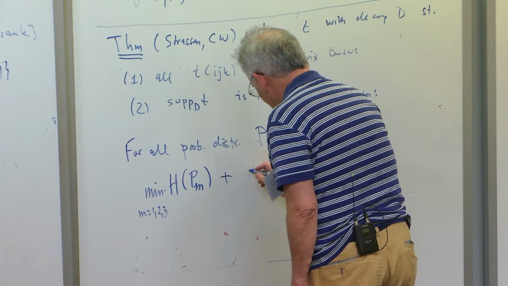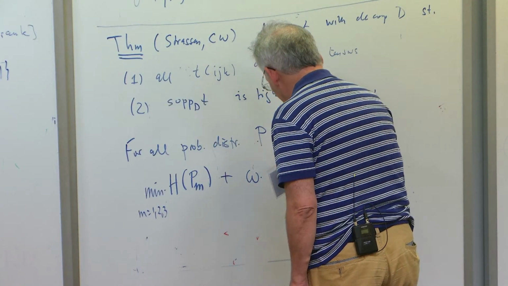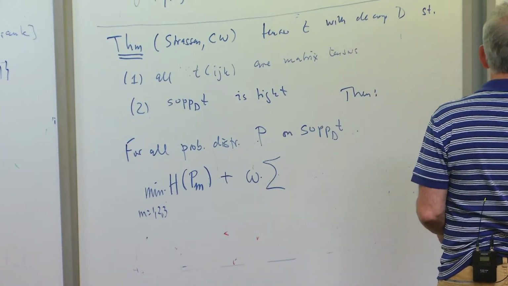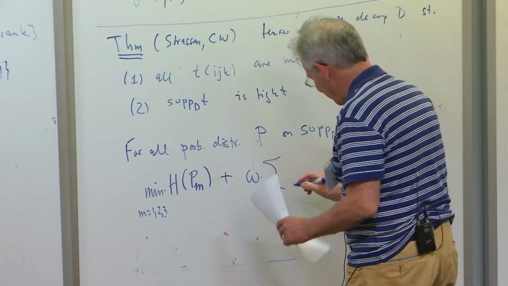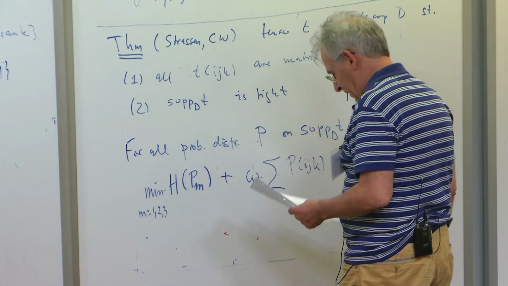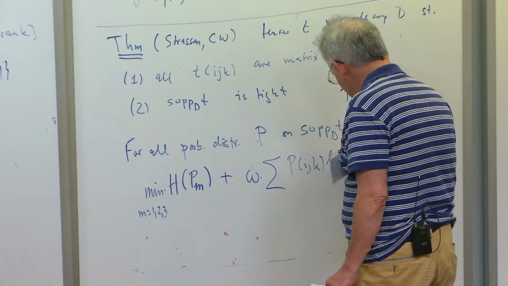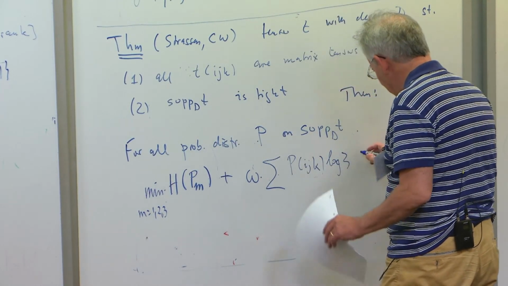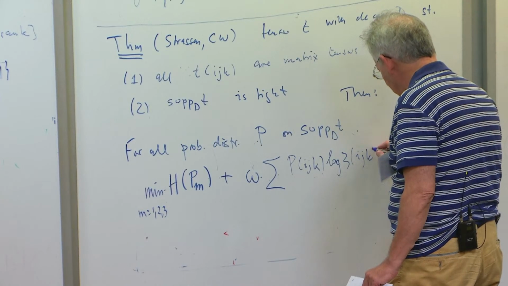Plus, now, we want to bound omega. The omega times, oh, I forgot to introduce some notation. Let me finish writing this. This is the logarithm of some function zeta, which I will define in a second.